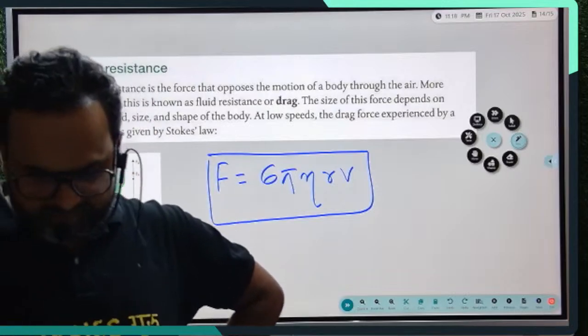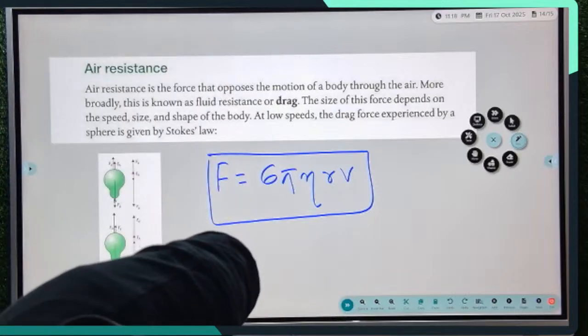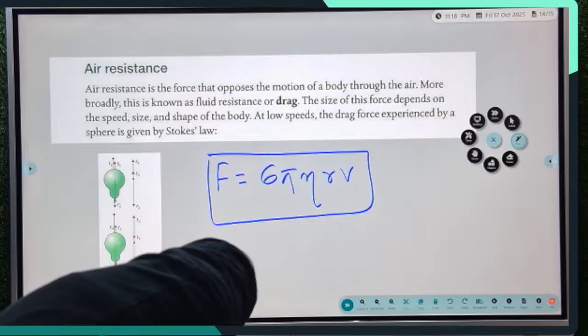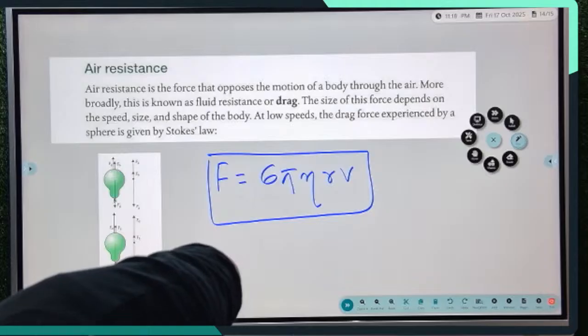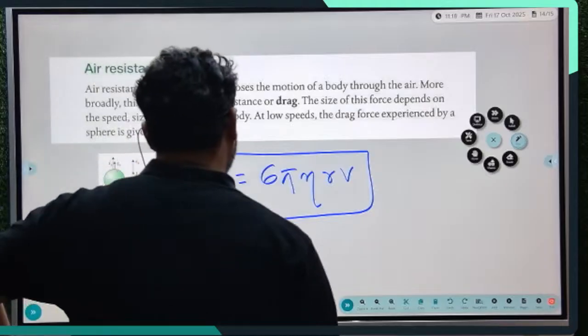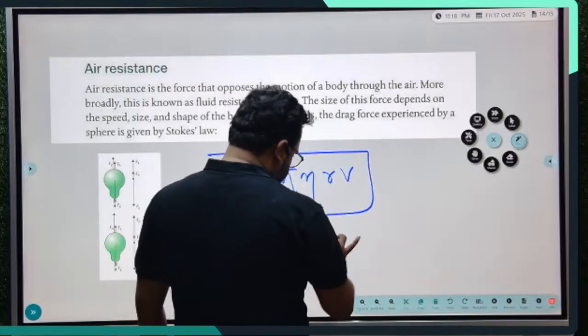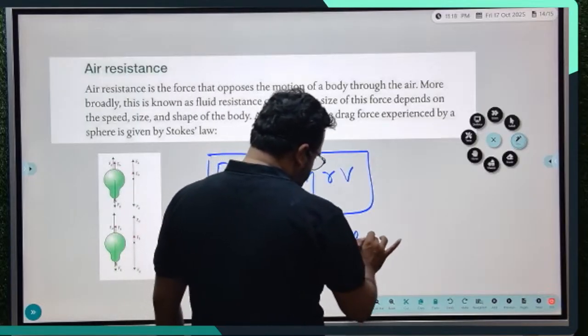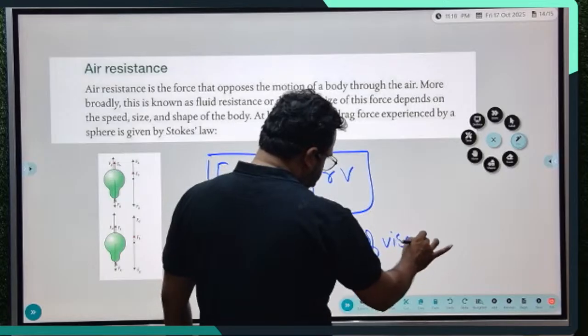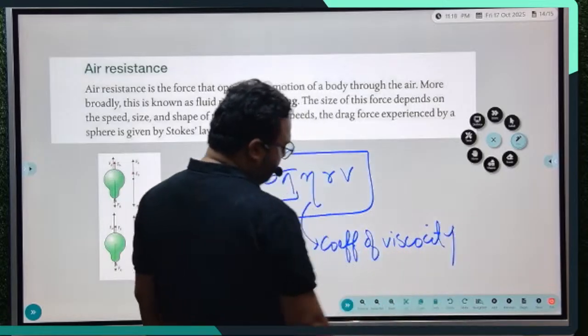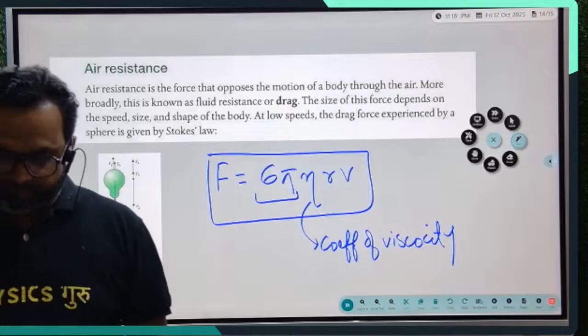6 pi is a constant. Neta is called the coefficient of viscosity.